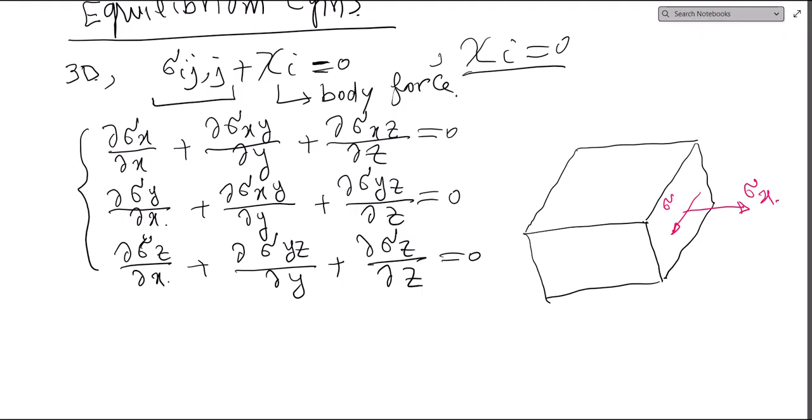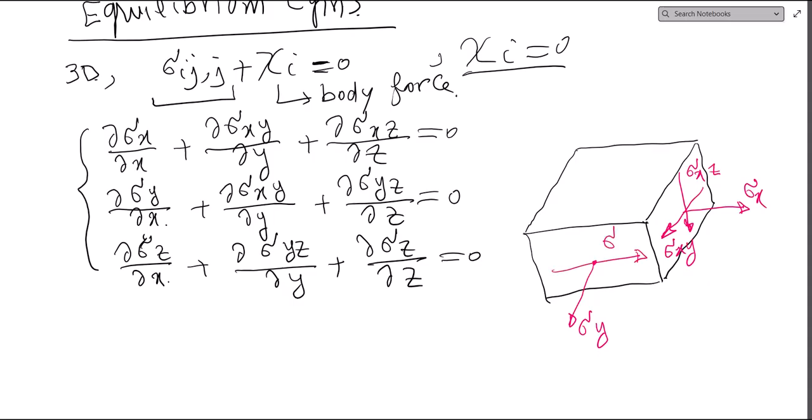So this is sigma xy, this is sigma xz, and correspondingly on this side sigma y, sigma xy, and sigma yz.